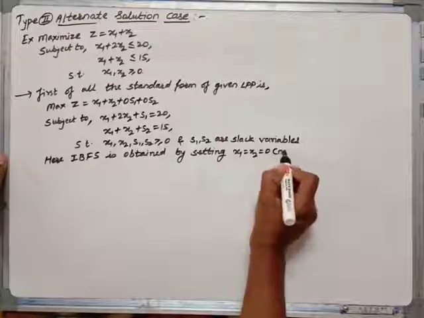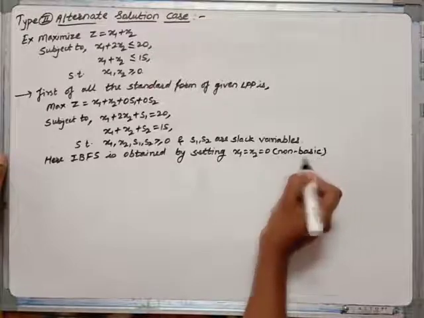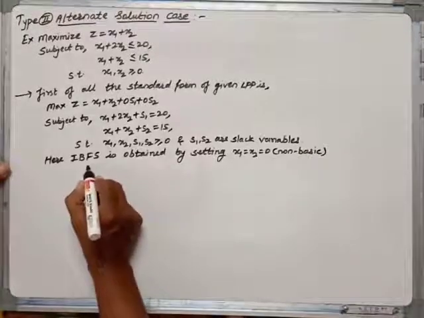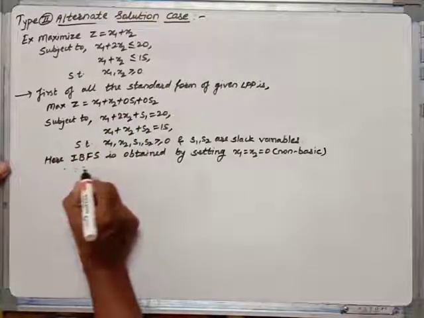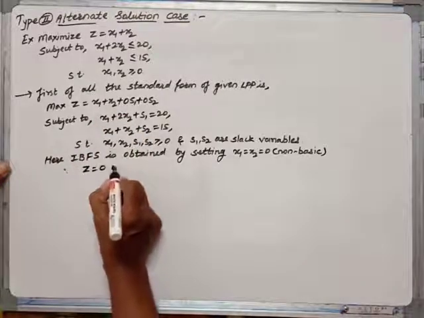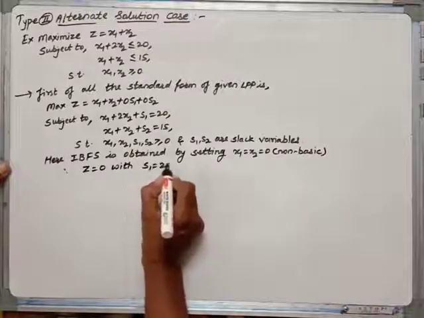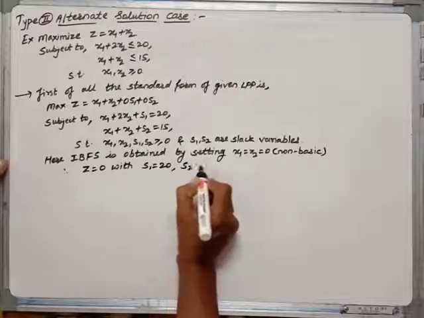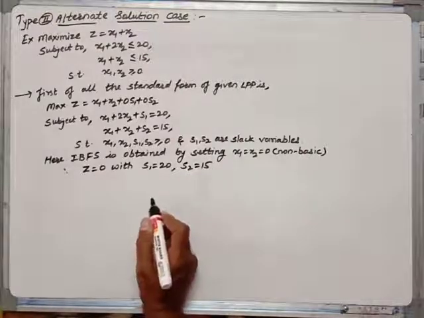These are non-basic variables. So with x1, x2 equal to 0, z becomes 0, with s1 equal to 20 from the first constraint and s2 equal to 15 from the second constraint.